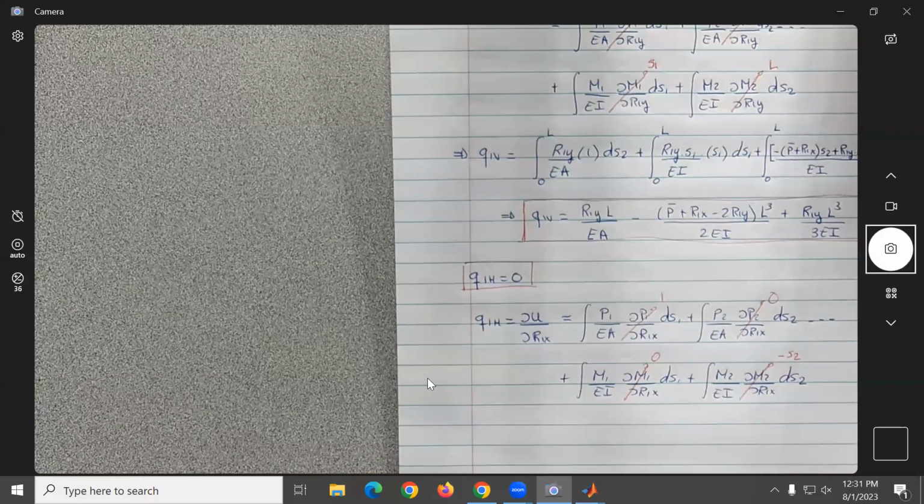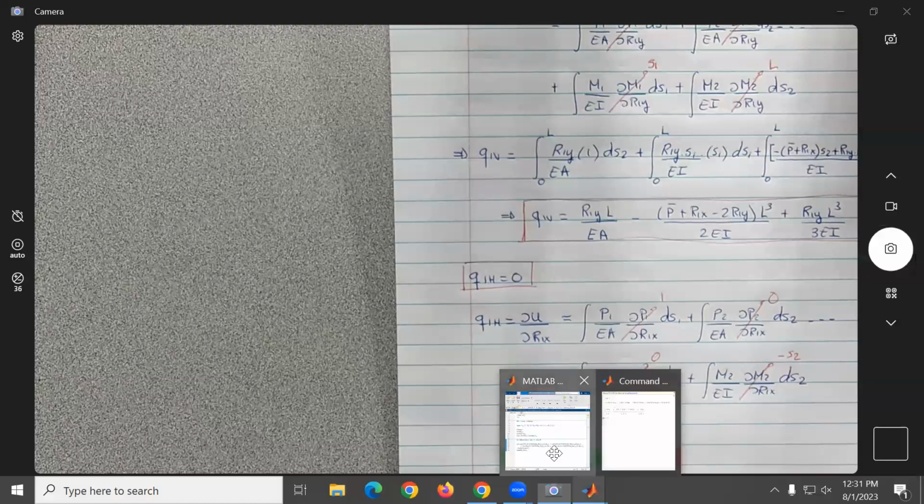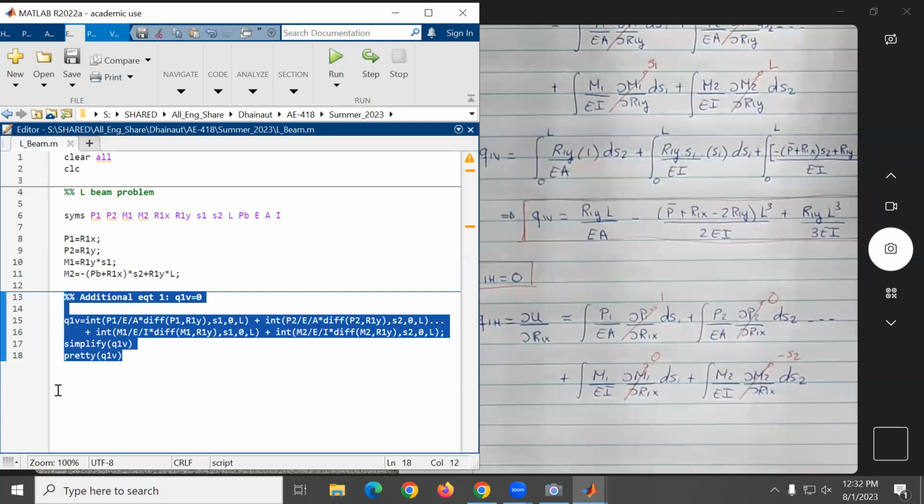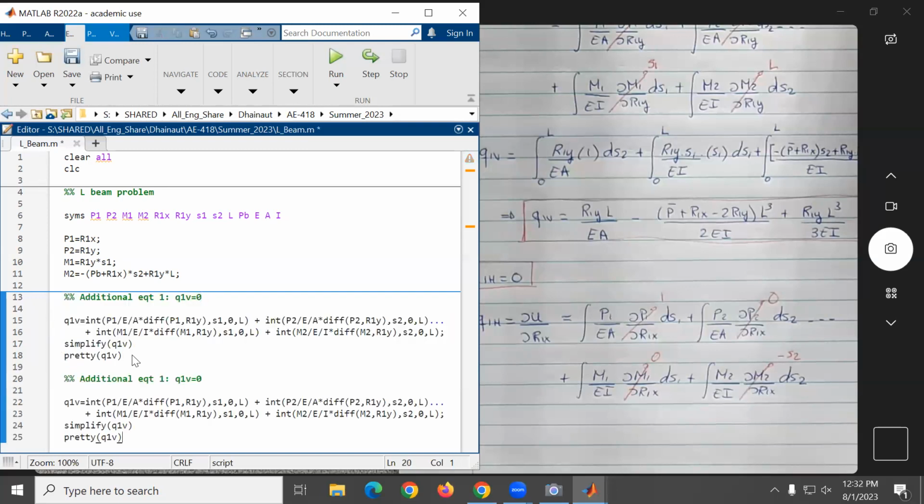So let me come over here. Here we go. So additional equation 1. So let's call maybe, sorry, let's call this equation here. It doesn't matter. I mean, I do the change afterwards. Yeah, we can copy paste everything. Additional equation 2, which would be Q1 horizontal equal to 0.